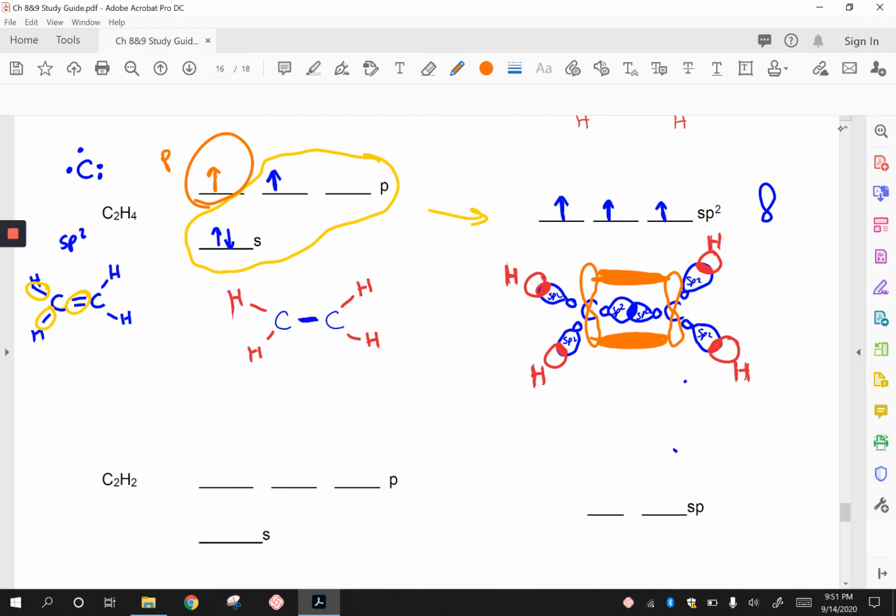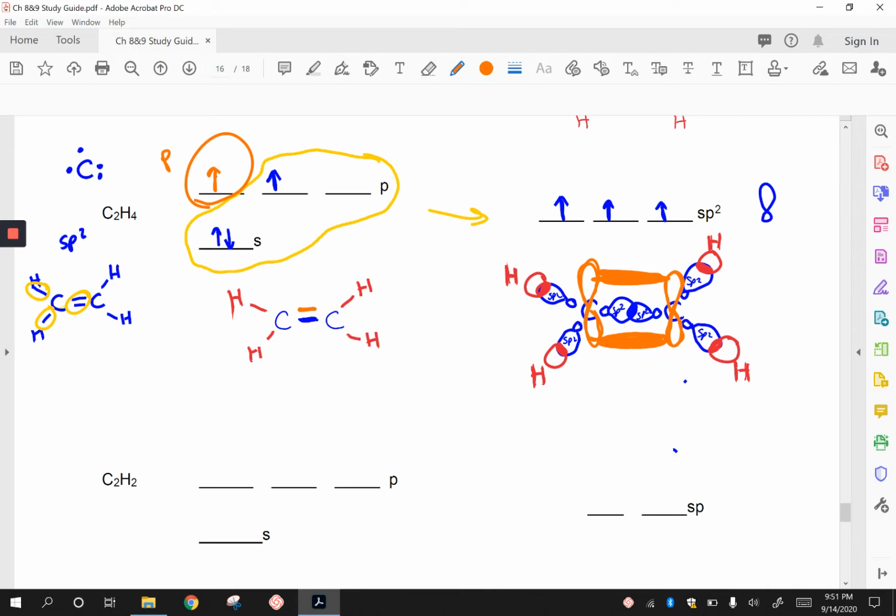I know it looks like there's 2 of them, but it's really just one. This is just one orbital, and there's another orbital. And so those 2 orbitals are overlapping parallelly. That is your double bond that is here. And that is a pi bond, and that is made with 2 electrons that are in pure p orbitals that have not hybridized. They're not sp2s, they are just pure p's.